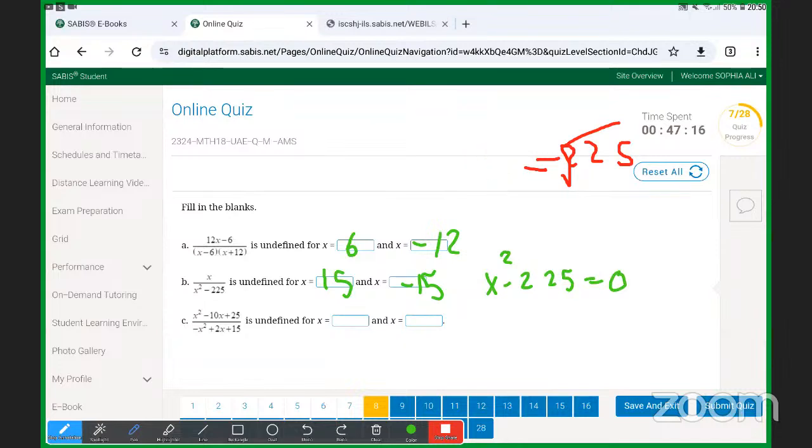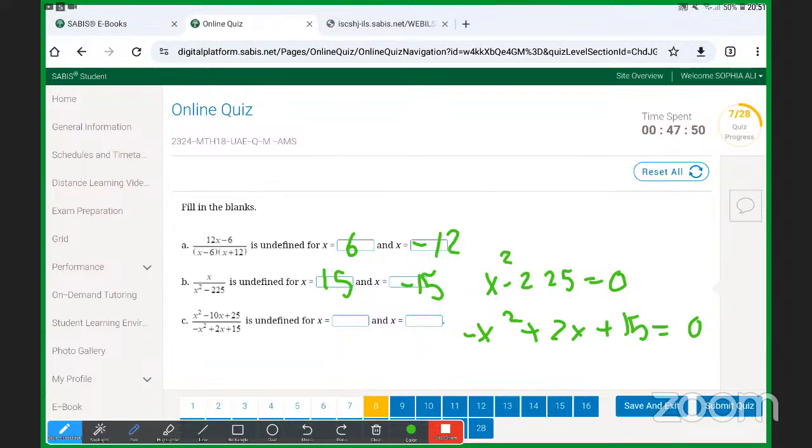Do it. Do I cancel? No canceling. Just take the denominator. Negative x squared plus 2x plus 15 equal to 0.